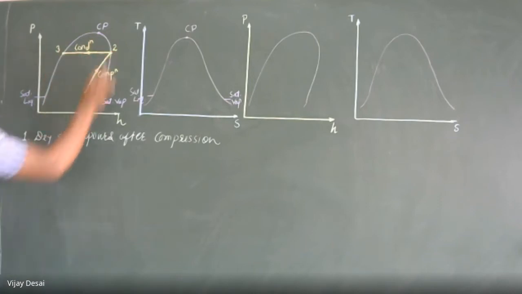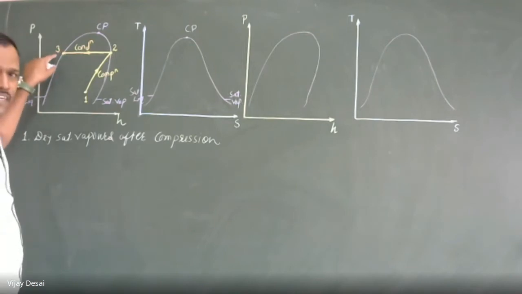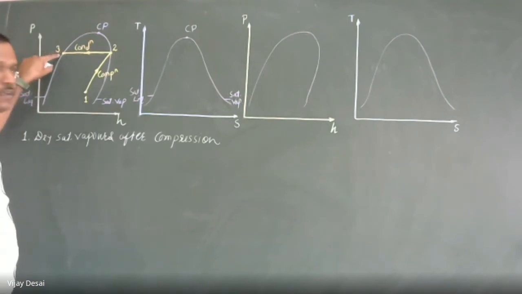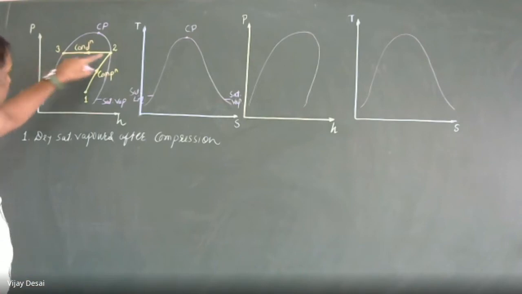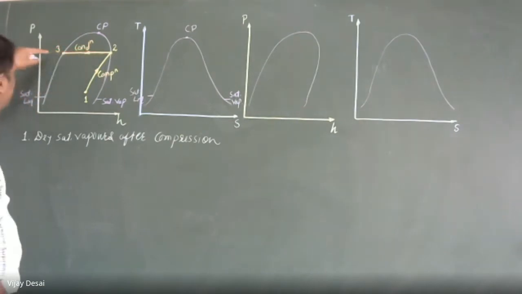So 2 is the entry point to the condenser and 3 is the exit point of the condenser, where we obtain high pressure because pressure is the same. At the entry point, pressure is P2. At the exit point, pressure is P3, and we observe that this is a constant pressure process. So condensation is a constant pressure process.